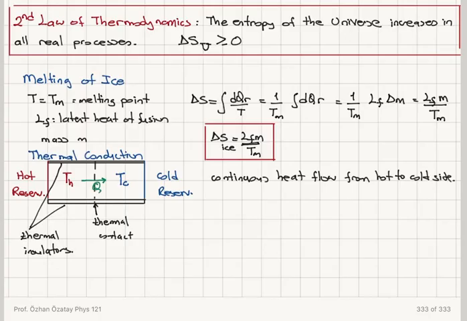Now let's check if that is consistent with the second law of thermodynamics. So I ask myself, what is the entropy change of the universe in this process? What is the entropy change of the cold side? Well, the cold side is absorbing heat plus Q at a fixed temperature, Tc.